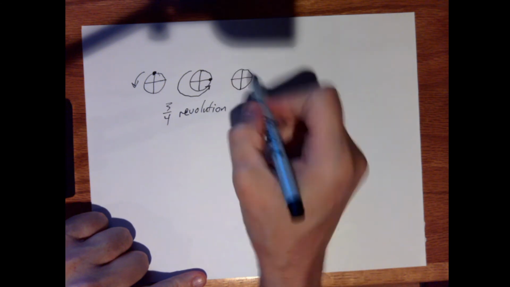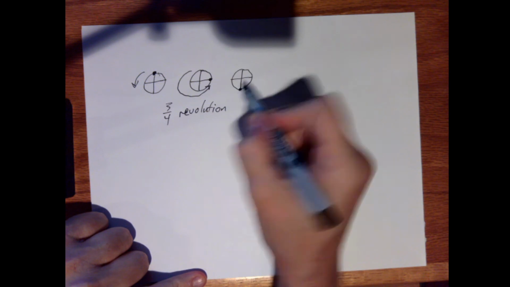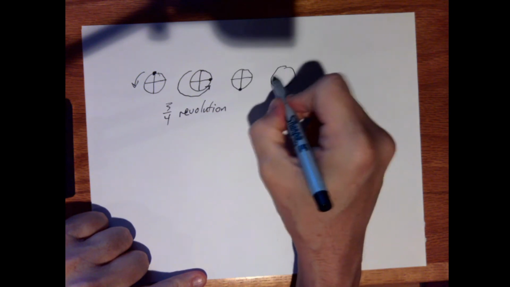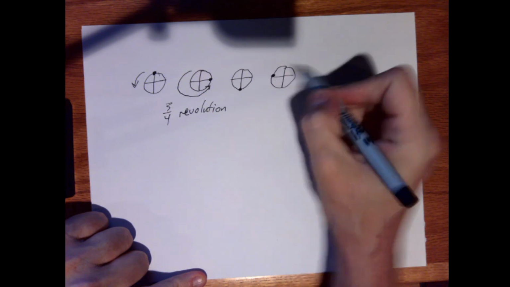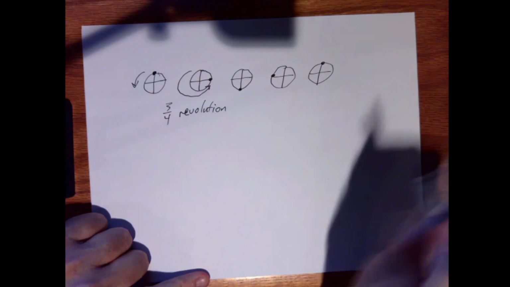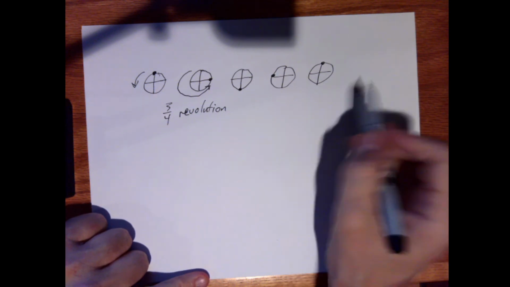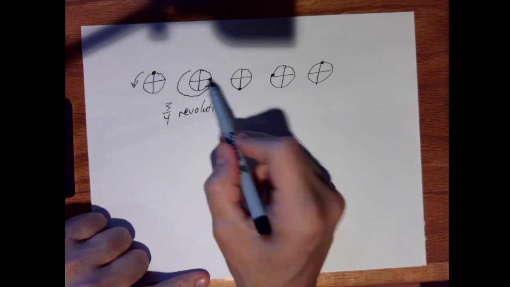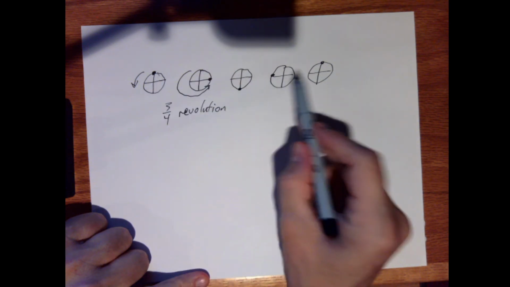And then I continue on, and now we moved all the way around and the dot's here. The next time around, the dot is here. Next time around, the dot is here, and so forth. So I took a snapshot, snapshot, snapshot, snapshot.